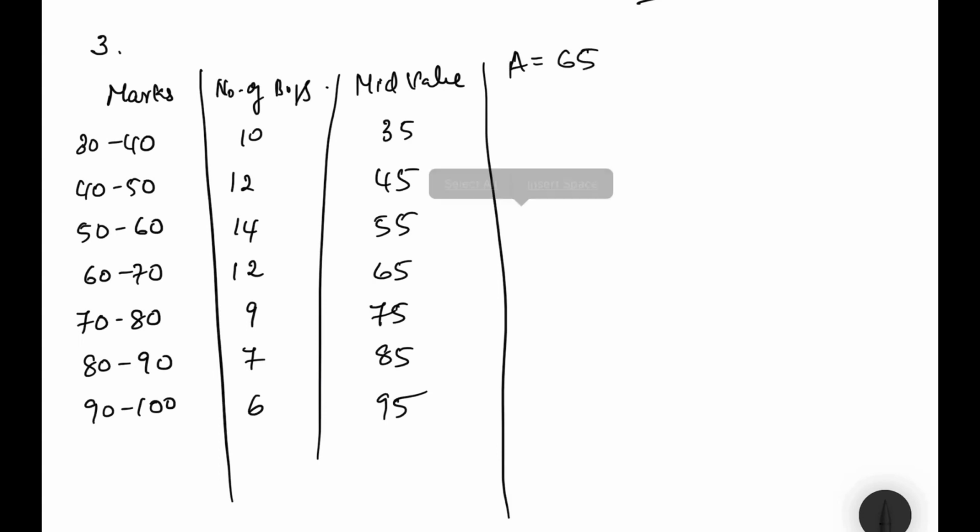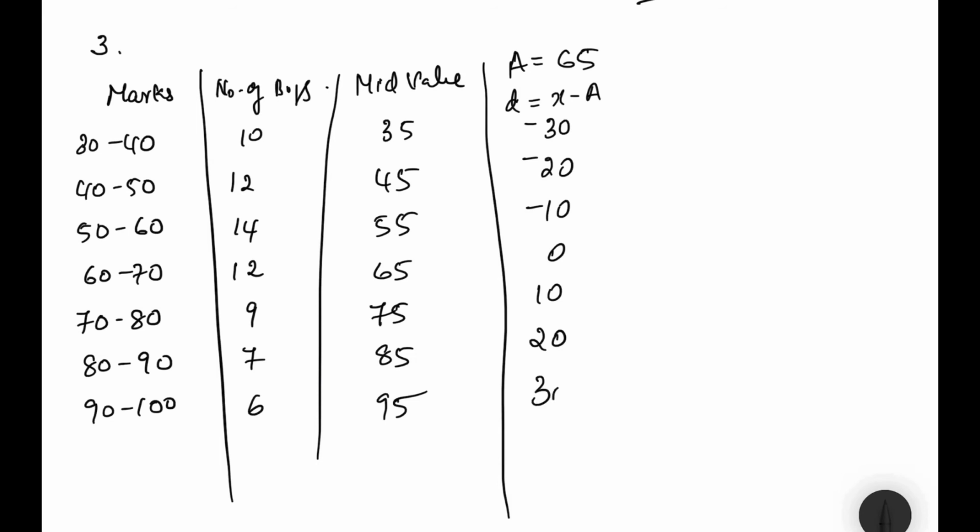So first we need to find d only. What will be d? X minus a. Let us do that. X minus a is 35 minus 65, minus 30, minus 20, minus 10, 0, 10, 20, 30.